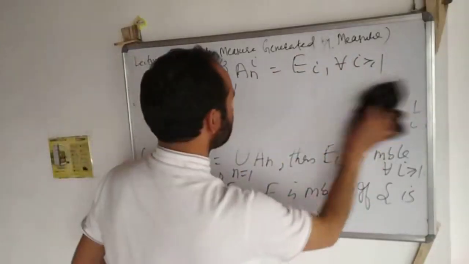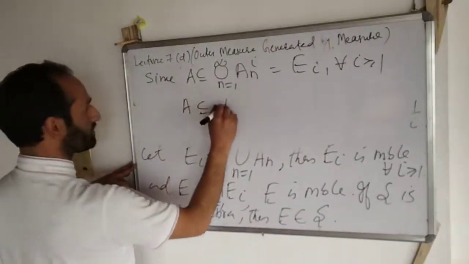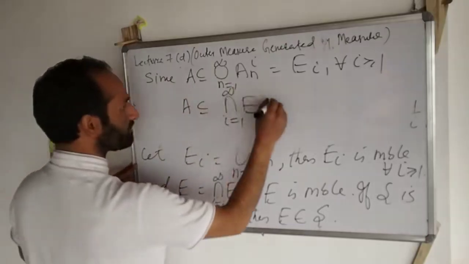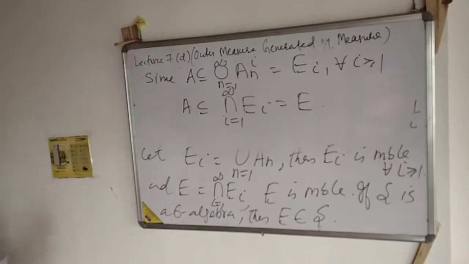Therefore A is a subset of the intersection of the E_i's, because it is a subset of each E_i, which is equal to E. So E contains A and it's a measurable set.